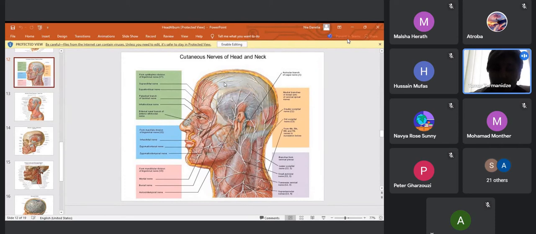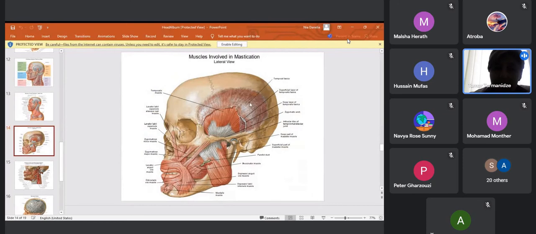We have said that the muscular layer of the frontoparieto-occipital region, these two muscles, frontalis muscle and occipitalis muscle, are connected to each other by the galea aponeurotica. This galea aponeurotica continues to the temporal region as the temporalis fascia.